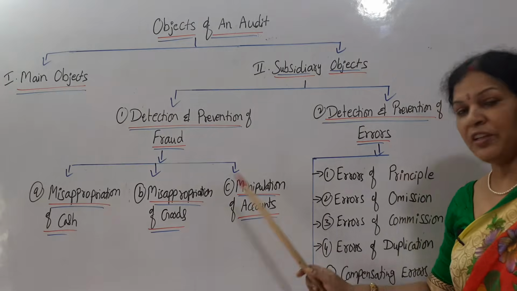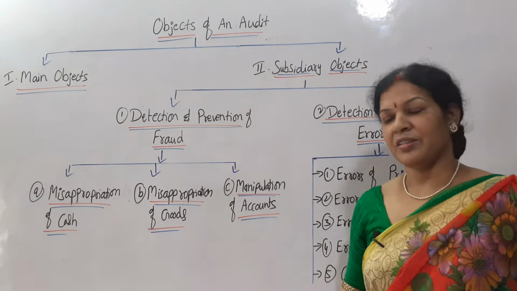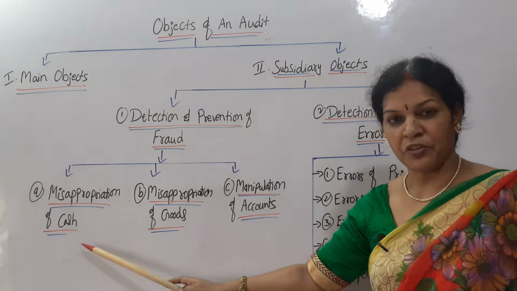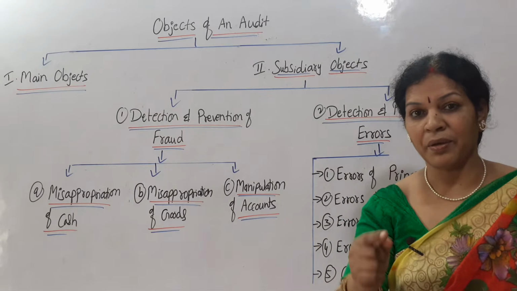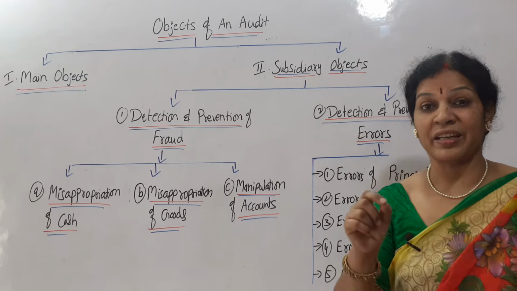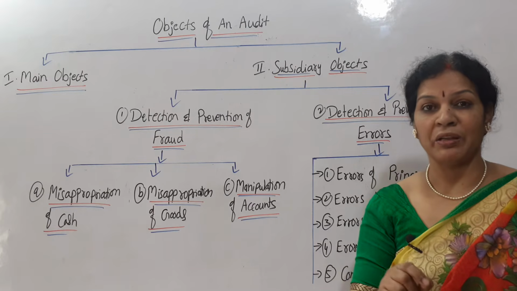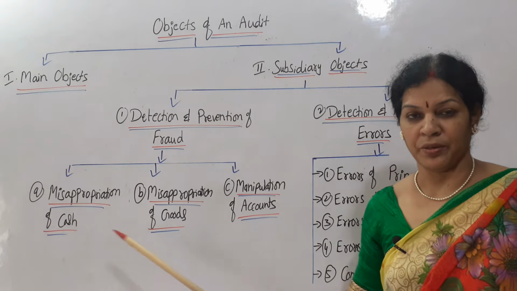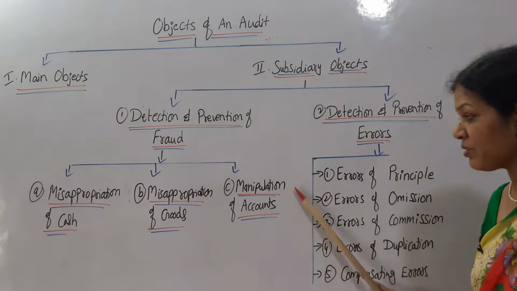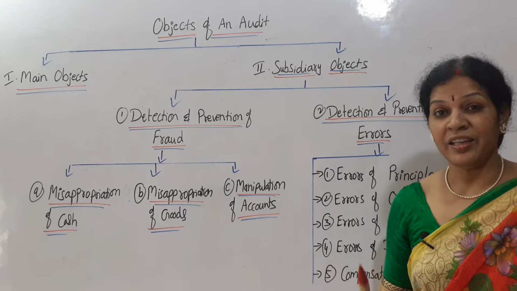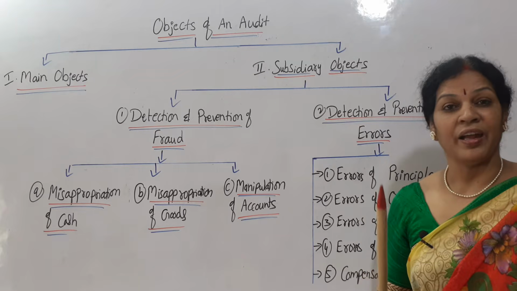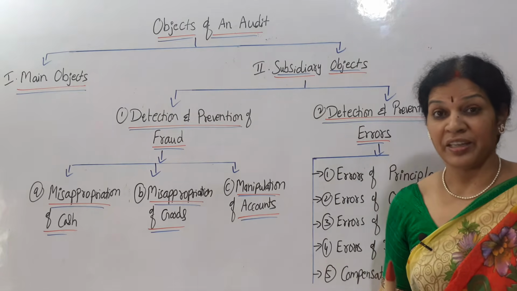In the same way, manipulation of accounts. Generally, misappropriation of cash and misappropriation of goods can be done by lower level people, clerical level people or lower level management. Those people can do this kind of thing. But manipulation of accounts involves highly qualified, higher level management.